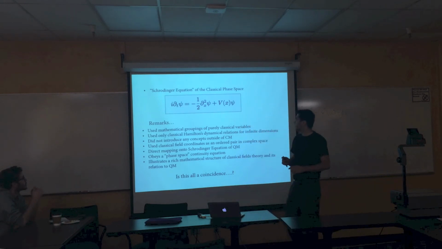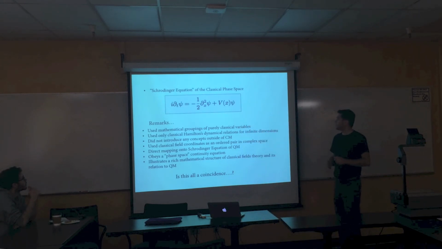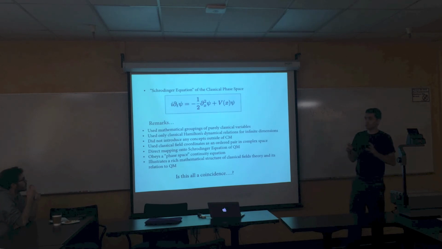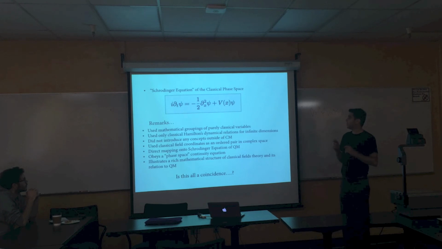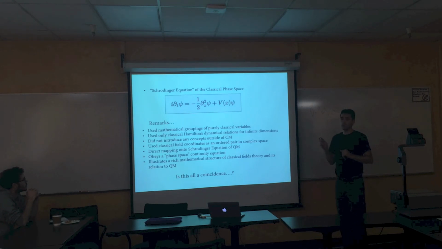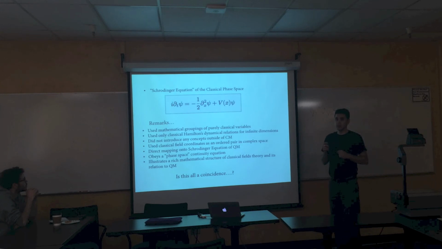So basically, the classical phase space in infinite dimensional systems can be used to reproduce our normal Schrodinger equation without even knowing the existence of quantum mechanics. Now, what about the Poisson brackets?